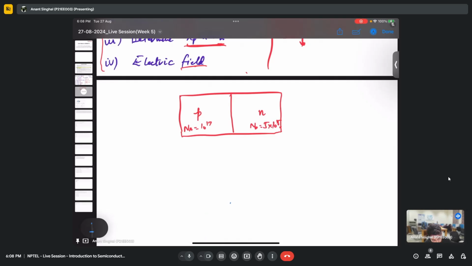As she said, since we have higher P type doping, we will have a lower depletion width over the P side, that is the acceptor ions Na, and we will have a higher depletion width on the N side, that is the donor ions. Now we'll be making the band diagram.